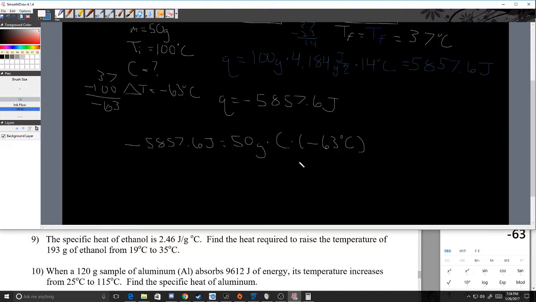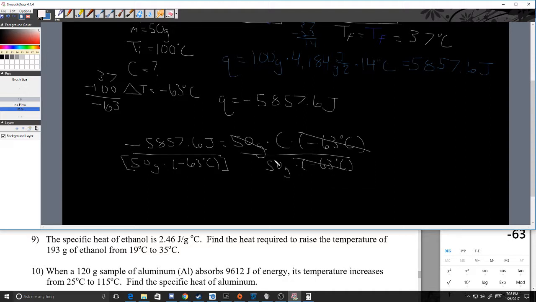All right, so just how we would solve just for specific heat, we're just going to divide by the mass times our change in temp. All right, two things in the bottom, so I'm going to have to make sure to put those in parentheses or brackets. Because really, we put 50 grams times negative 63 degrees Celsius there.